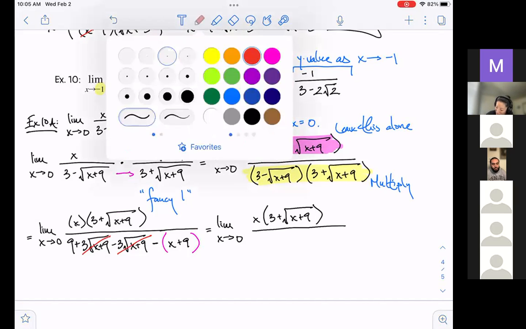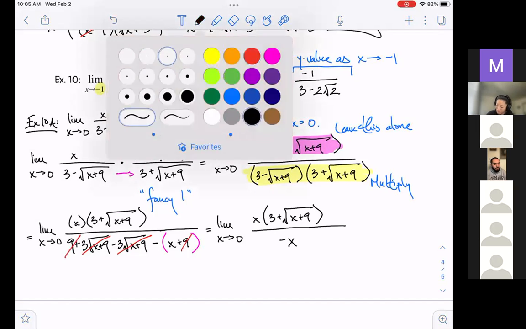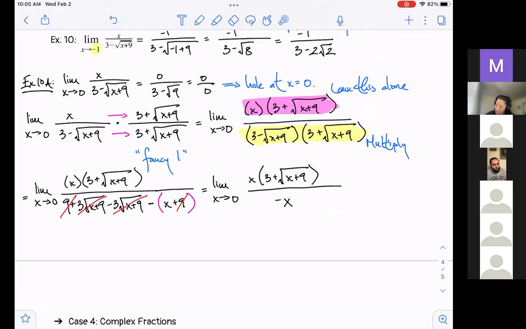So on the denominator, we just have a negative x, right? Because these 9s add to 0. All right. I have x. I have negative x. What do those reduce to? Exactly.